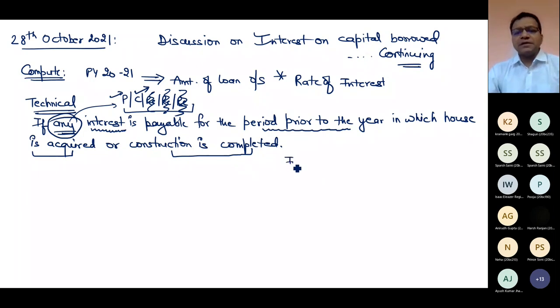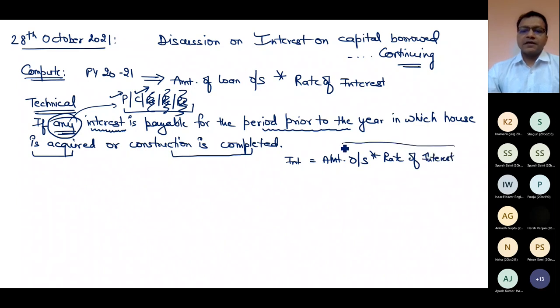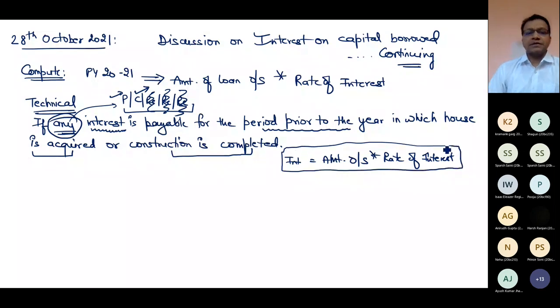For that year, you will simply compute the interest as amount outstanding multiplied by rate of interest. In subsequent years there is also no problem. Interest is simple, amount outstanding into rate of interest.